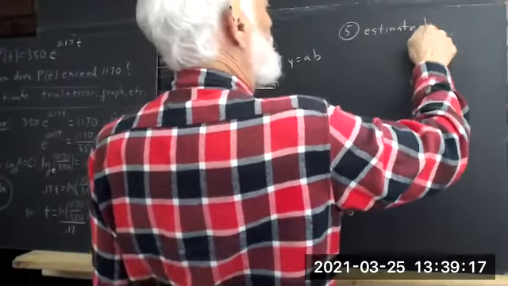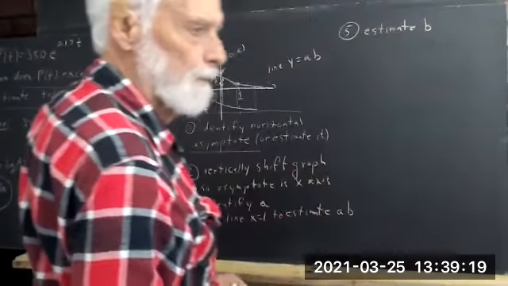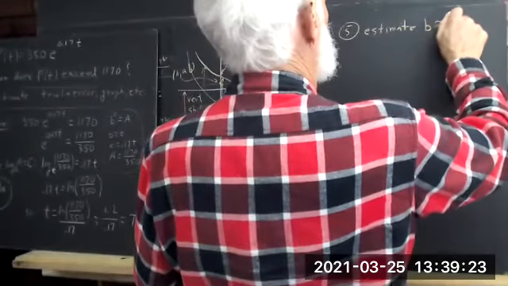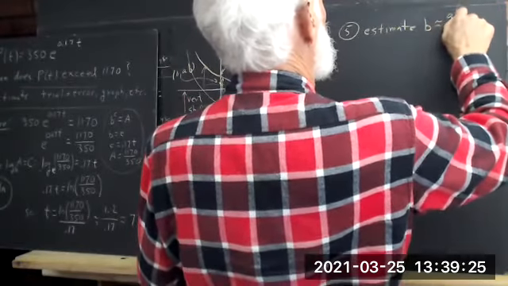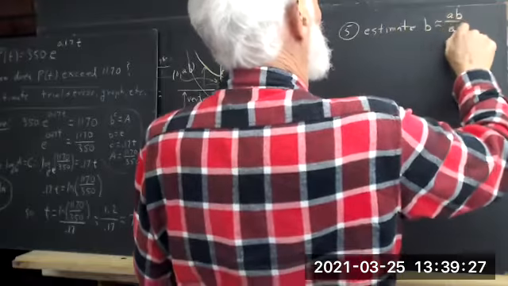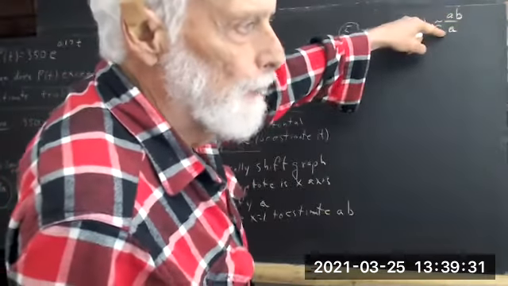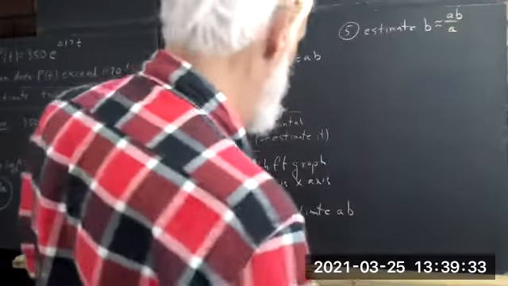You want to estimate b, which you estimate by dividing your estimate of ab by your estimate of a.